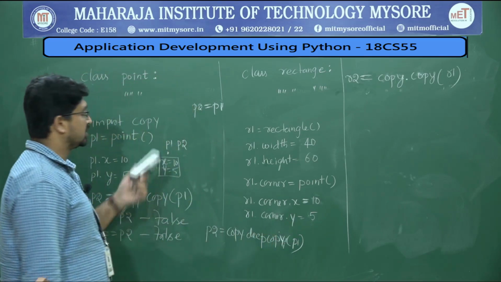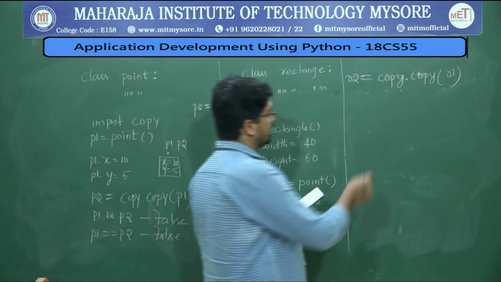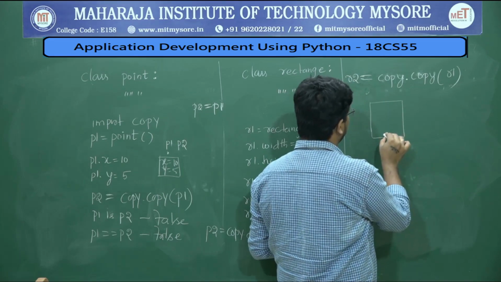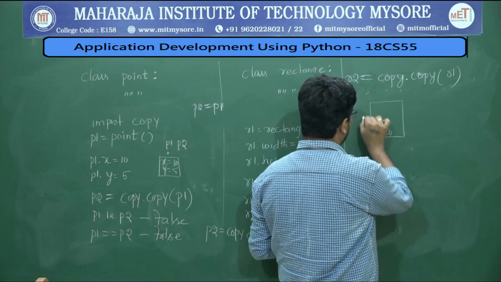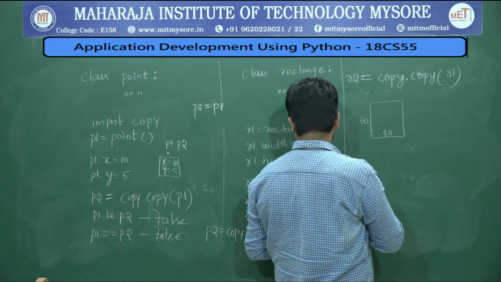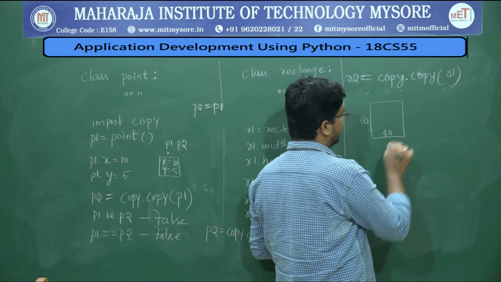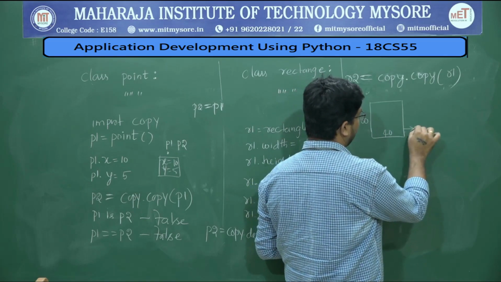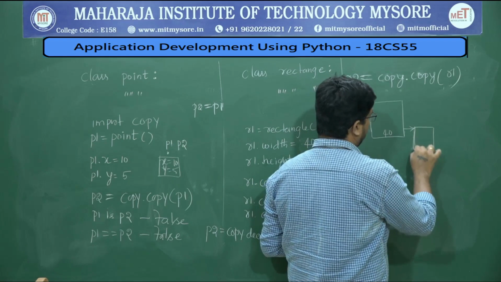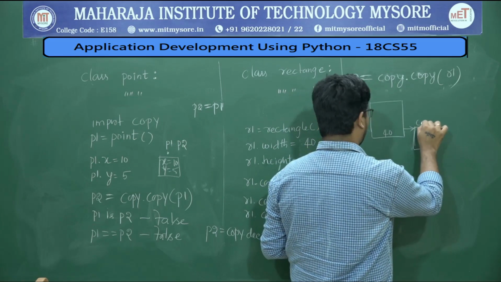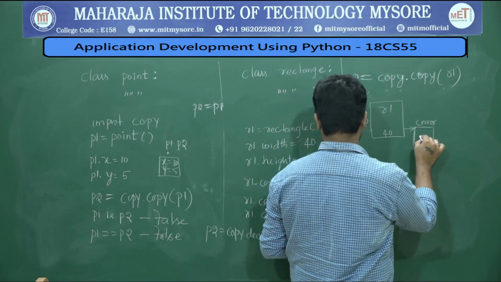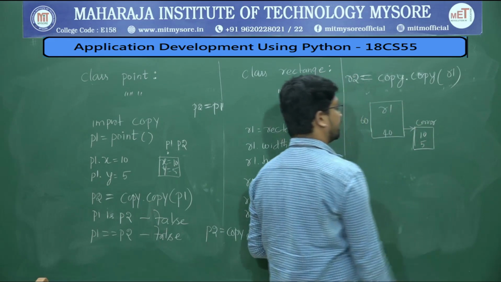As per our knowledge, it will create two separate copies. R1 has a width of 40 and height of 60, and it also has a corner, 10, 5. So the corner is one more object, called the corner object, with the values 10, 5.